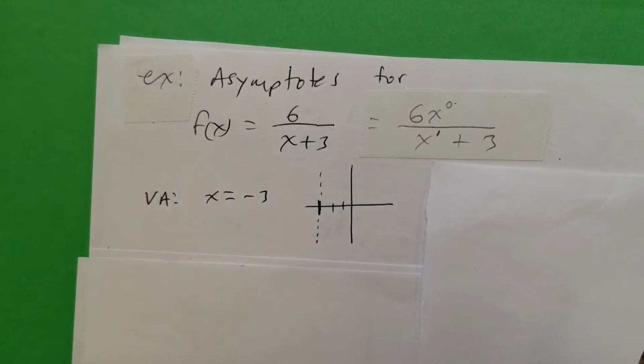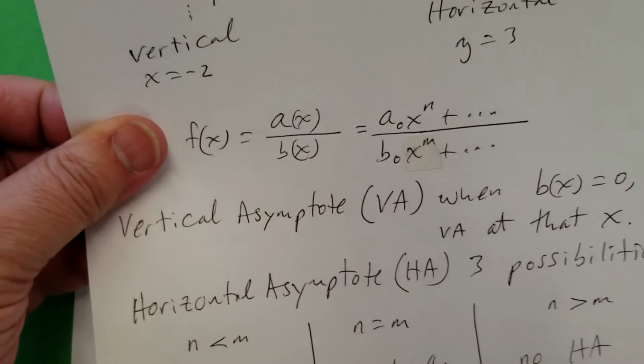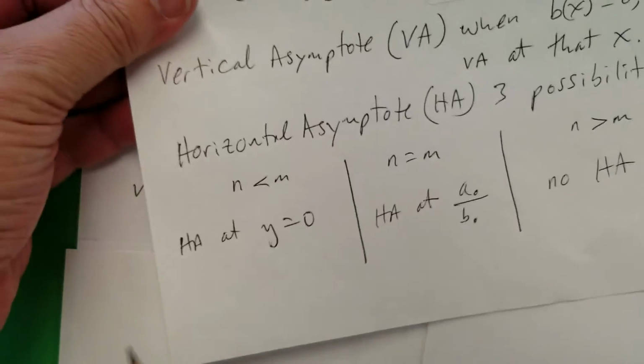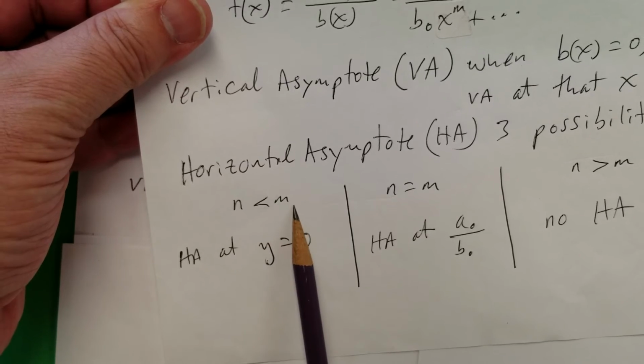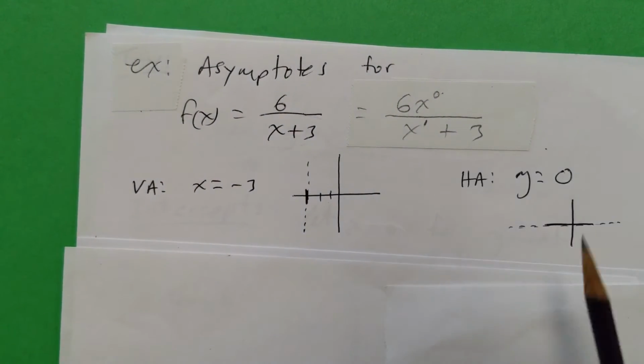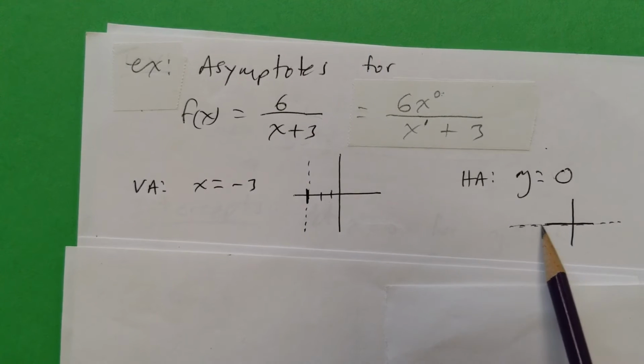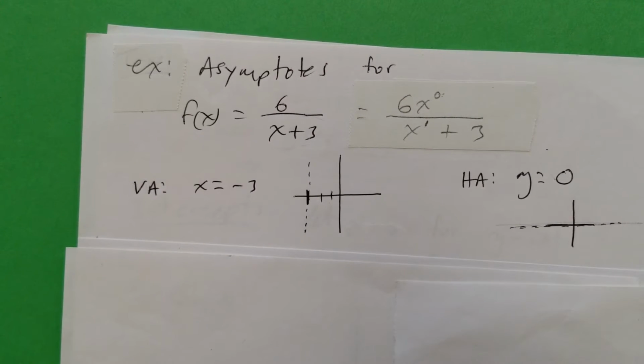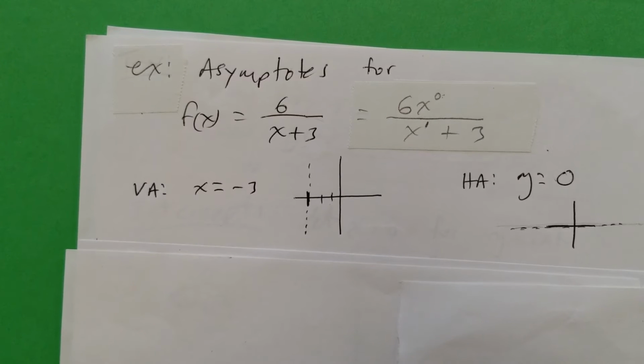So what did we say when that happens? When the top is smaller than the bottom, then your horizontal asymptote is simply y equals 0, which is right there. That's y equals 0. Okay? So we found the vertical asymptote and the horizontal asymptote.